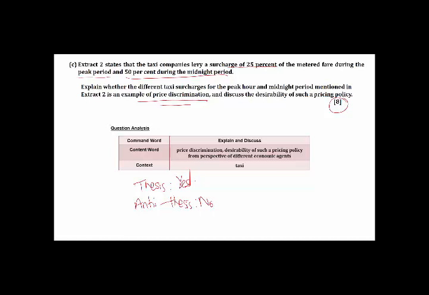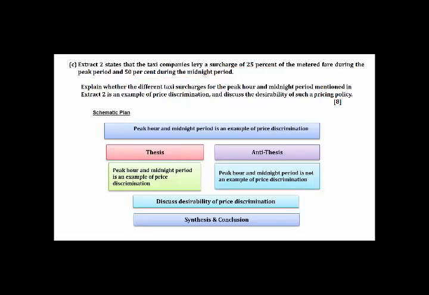Price discrimination is the ability to charge a different price for the same good, and this is not due to differences in your cost of production. So ask yourself whether this surcharge is a form of price discrimination or not. And then after you have done that, you want to talk about whether this is desirable or not. So there are two parts. Answer these two parts.